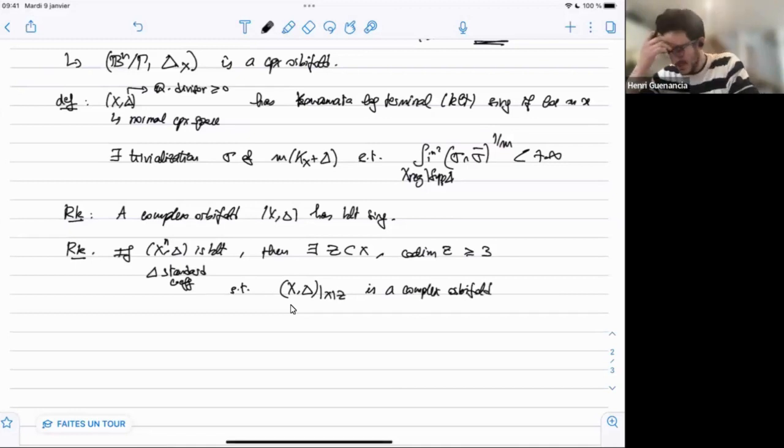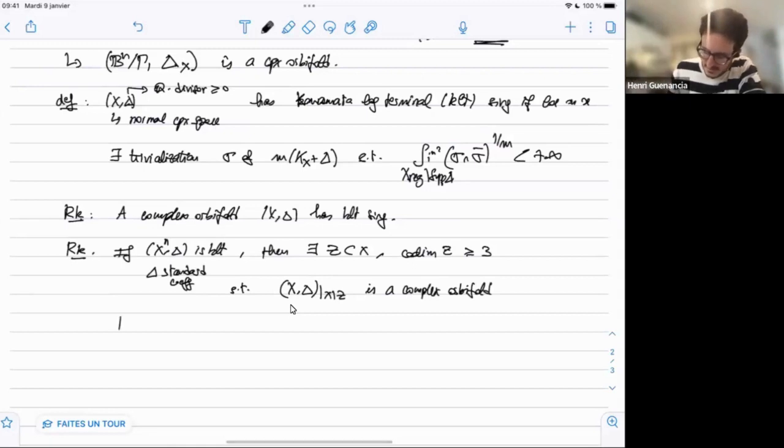So one way to say this in other terms is that if you start from a KLT pair with standard coefficients, in codimension 1 it's smooth, in codimension 2 it might not be smooth, but it will have at most finite quotient singularities.